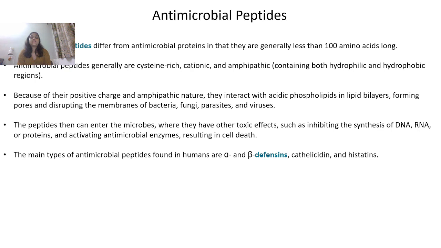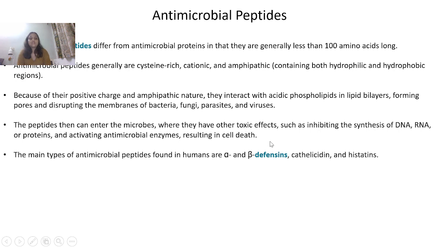Because of their positive and amphipathic nature, they can interact with acidic phospholipids in lipid bilayers, forming pores and disrupting the membranes of the bacteria, fungi, parasites, as well as viruses. However, they can also enter into the microbes, where they have toxic effects, like they can inhibit the synthesis of DNA, RNA, protein, and activate antimicrobial enzymes, resulting in death.